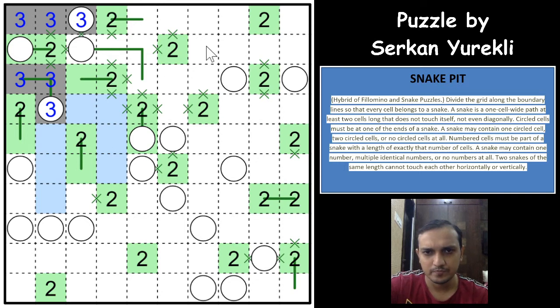Okay, and now this cell would have to come down. Let us mark this down, and now this cell would have to come down, which means this 2 cannot go up or towards the left, right?